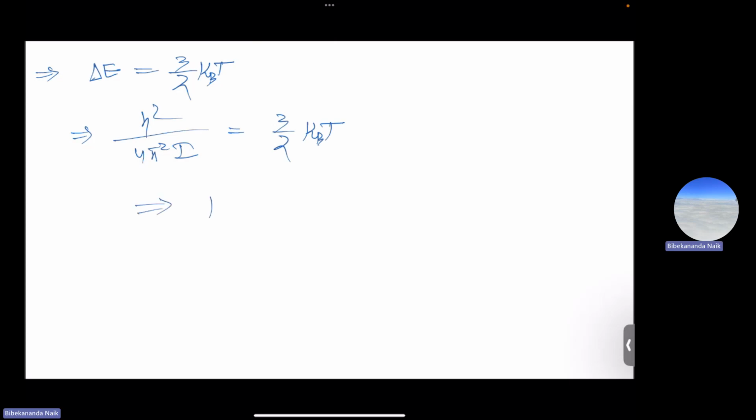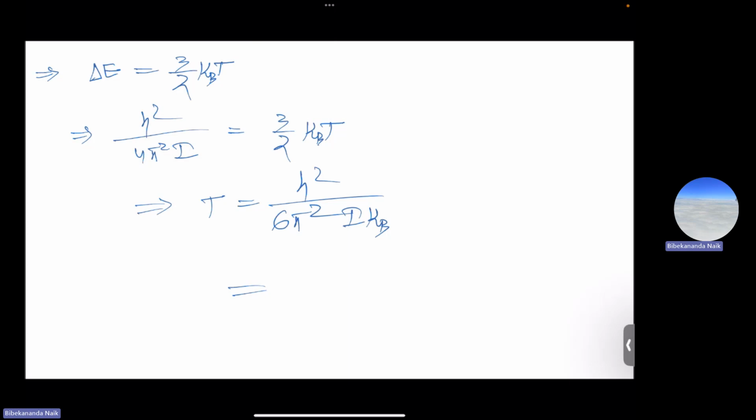So this energy delta E is equal to translational kinetic energy, which is equal to 3 by 2 kT. Now, h square divided by 4 pi square I equals 3 by 2 kT. That implies T equals h square divided by 6 pi square I into k_B.